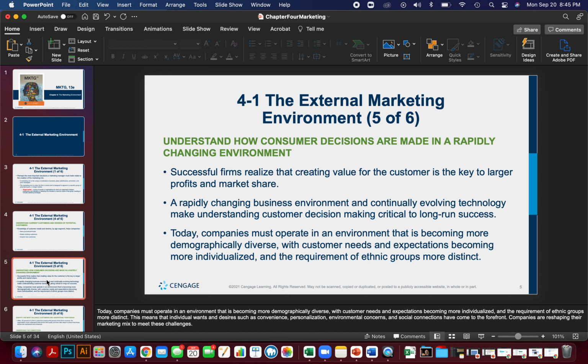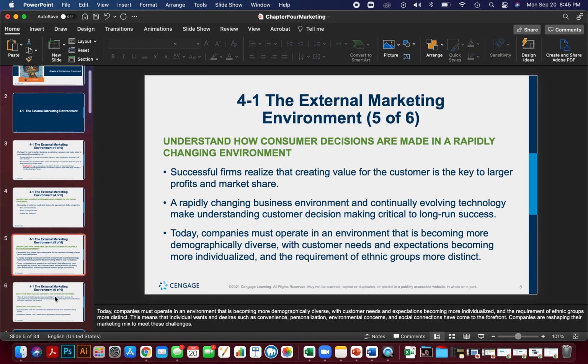And today, companies must operate in an environment that is becoming more demographically diverse, with customer needs and expectations becoming more individual, and the requirements of ethnic groups more distinct, because America is becoming more and more of a melting pot of different groups of ethnicities.